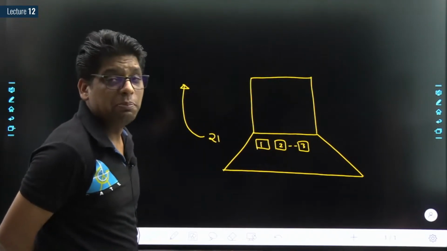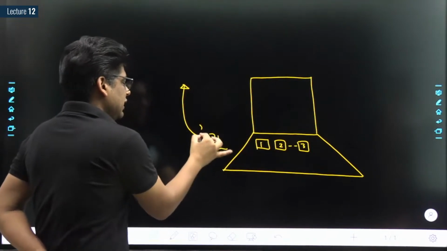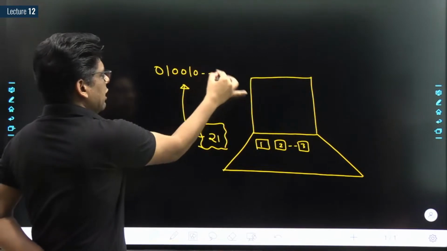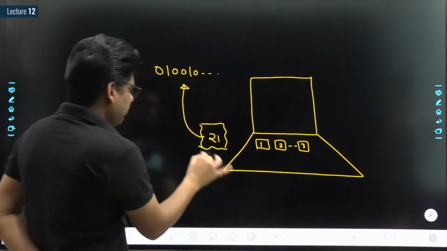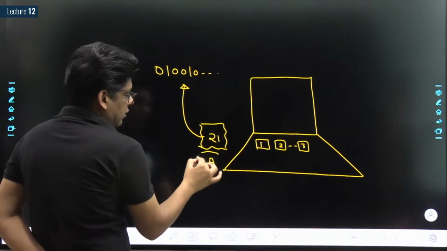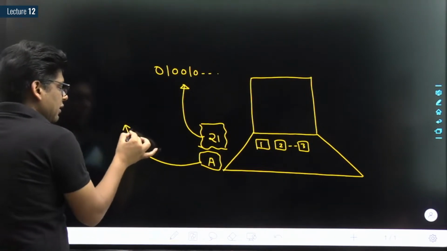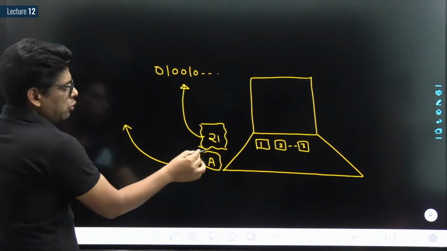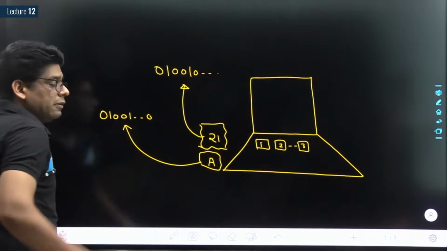For a machine, it is nothing but some sequence of zeros and ones. Even if the user presses the key A, from the machine's point of view, this A is nothing but some sequence of 0 and 1.